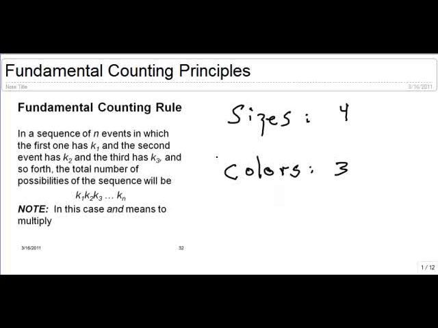So again, using the fundamental counting rule, we take our size choice, and here we can see that there is 4, and here we have a color choice, and there's 3. Multiplying these 2 together, we can see that we have a total of 12 ways to pick a jacket.